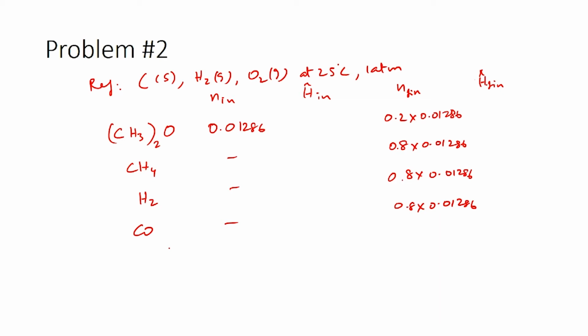In the initial and final condition, we now need to identify which enthalpies will go to 0 and which enthalpies have to be accounted for. So, let us say we have to identify H1 cap for dimethyl ether. Dimethyl ether in the initial condition is at a temperature of 600 degrees Celsius, and you are going to have the reference states as carbon, hydrogen and oxygen at 25 degrees Celsius and 1 atmosphere.